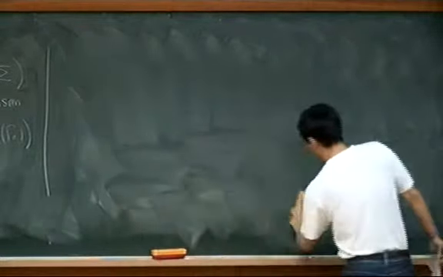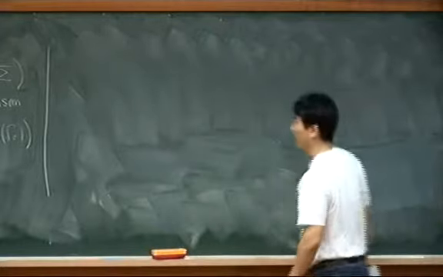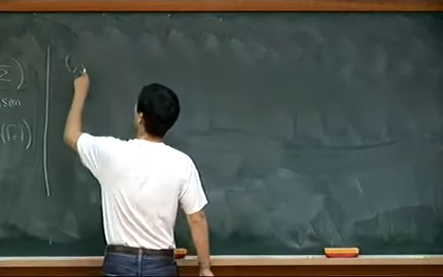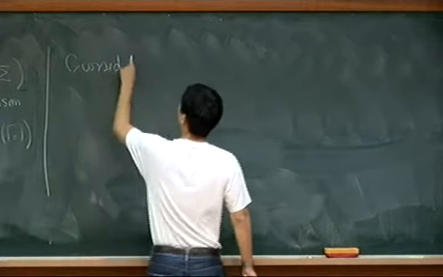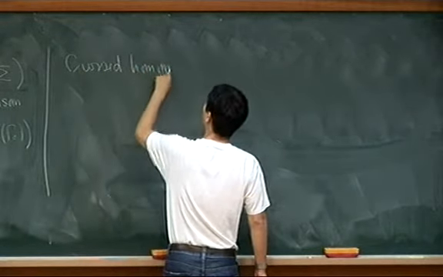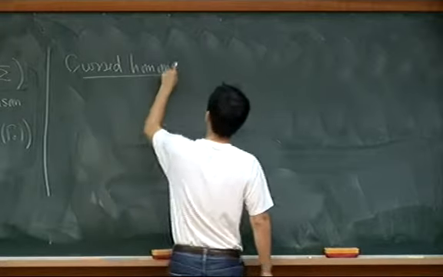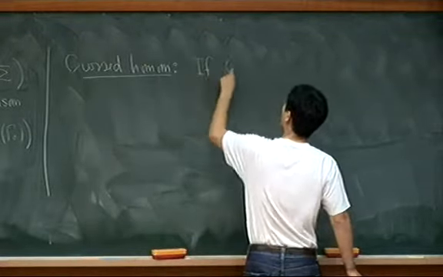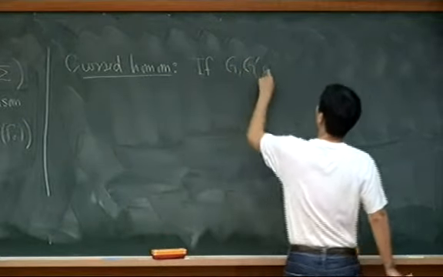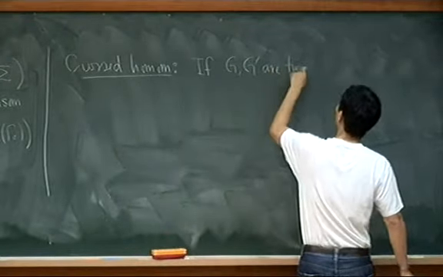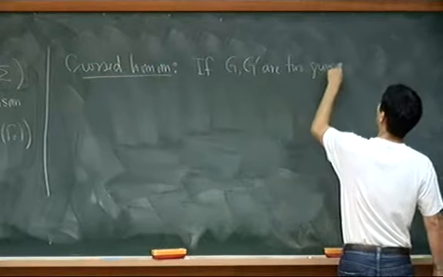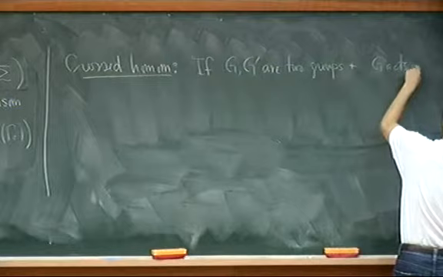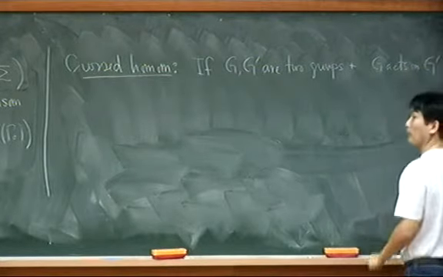Okay, and then the second issue is what is a crossed homomorphism? Suppose you have two groups. Given two groups, G and G prime, and G acts on G prime.